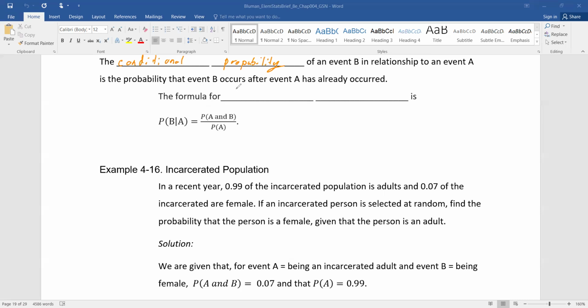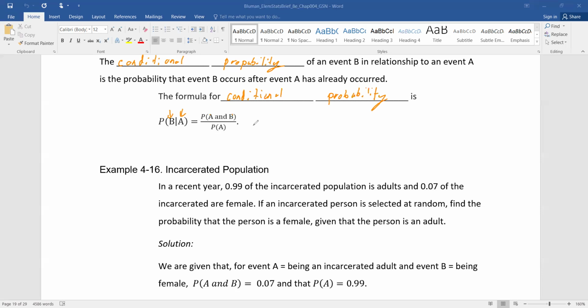So the formula for conditional probability is this right here. If I want to know the probability of event B happening given the event A happened, you would take the probability of A happening and B happening divided by the probability of event A happening.